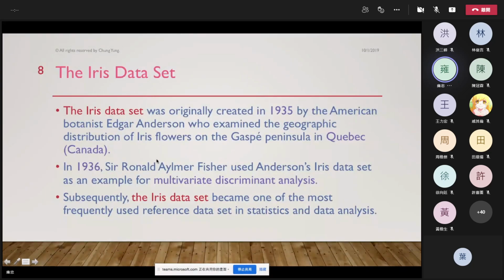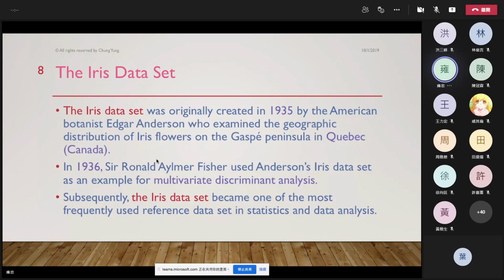The iris data set is a famous, popular data set, which was originally created in 1935 by American botanist Edgar Anderson, who examined the geographic distribution of iris flowers on the Gaspé Peninsula in Quebec, Canada. So the data was collected in Canada.